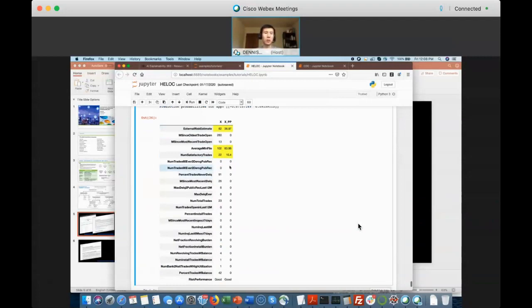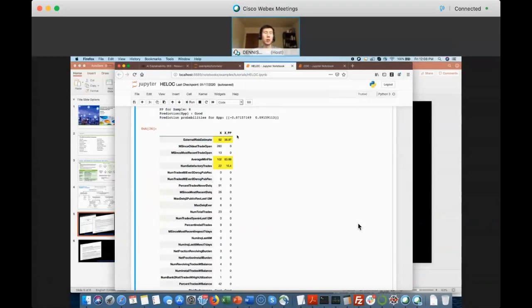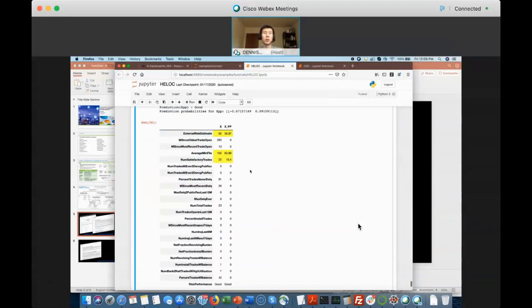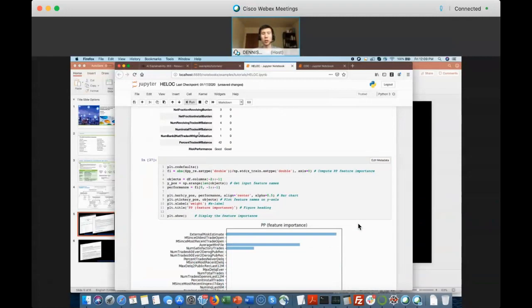Where you have zeros here doesn't actually mean that the values can decrease to 0. It just means that there is no change to the original features. So this gives an indication of the minimum requirements for this person to still be approved. And again, we can show a bar graph of the relative importances of these 3 features.